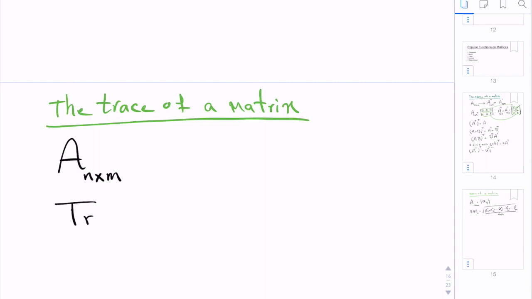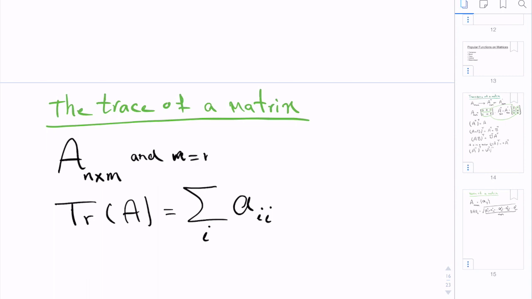The trace of A is equal to the sum of the elements on the main diagonal, the sum of A_ii. It's very simple. Also we note that the trace is defined for square matrices, so n is equal to m. A is a square matrix.